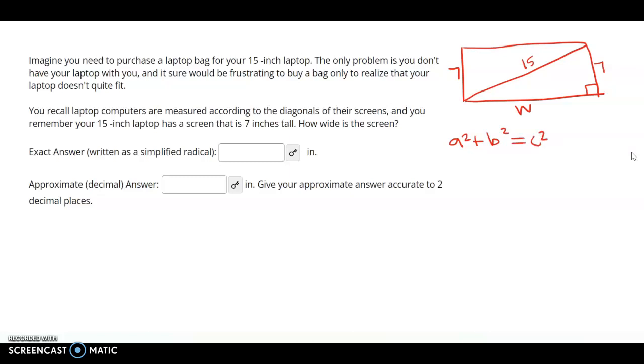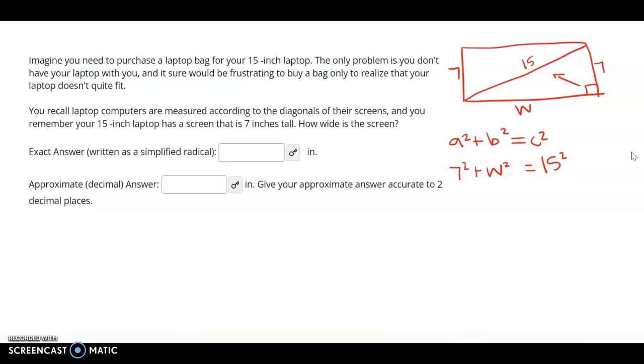I like to always first find which one is the hypotenuse. Well, we know the hypotenuse is opposite of the 90-degree angle, the one not touching it, and so that would be 15. So we'll put in 15 squared for c. A and b are interchangeable, so we can put 7 squared plus w squared. Since we're adding them together, it doesn't matter the order.